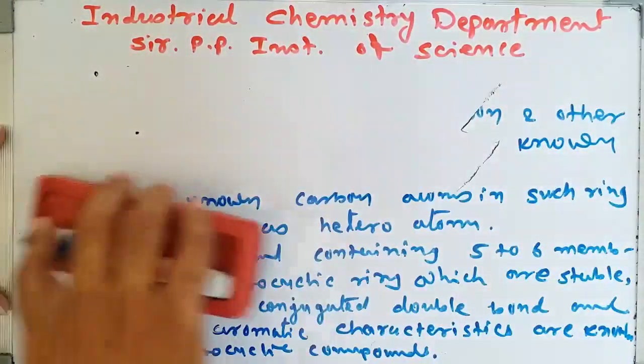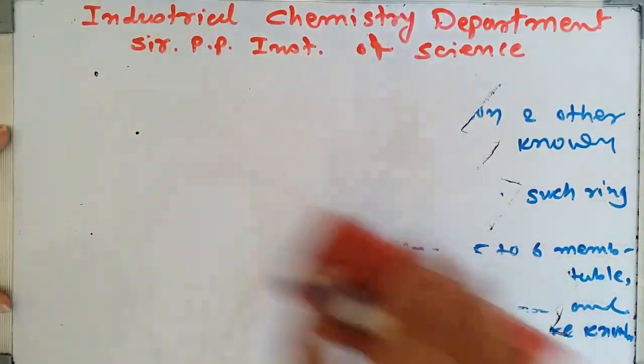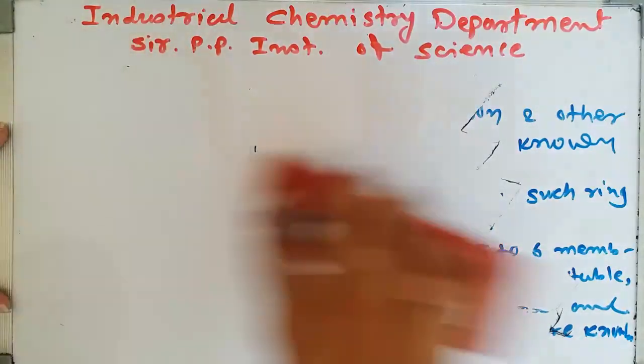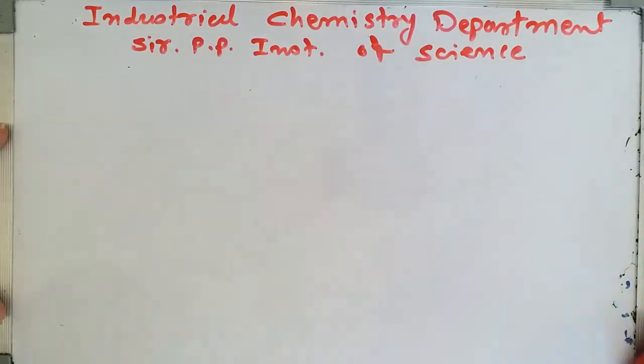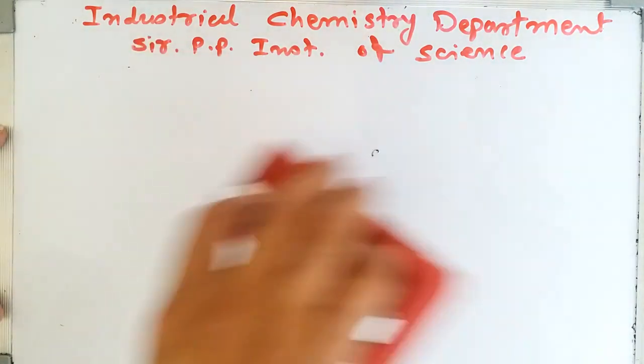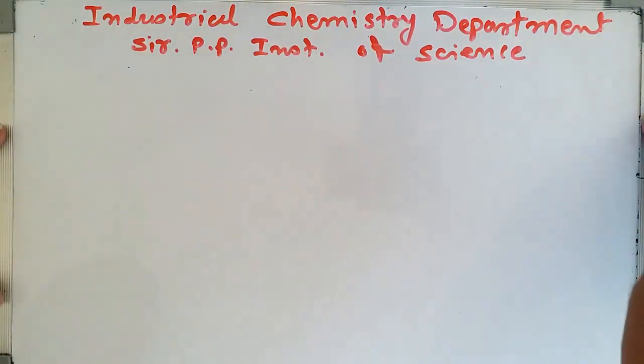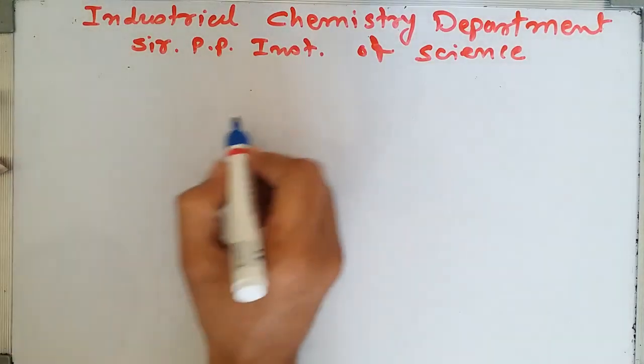First of all, we see the overall classification of compounds. We have two kinds of compounds, organic compounds and inorganic compounds. And heterocyclics are present in organic compounds. So first of all we see the classification of organic compounds.